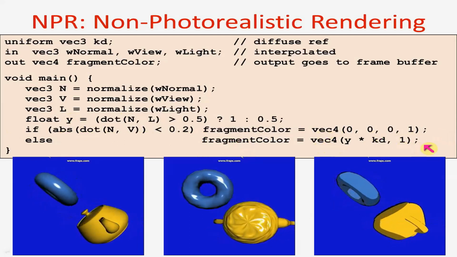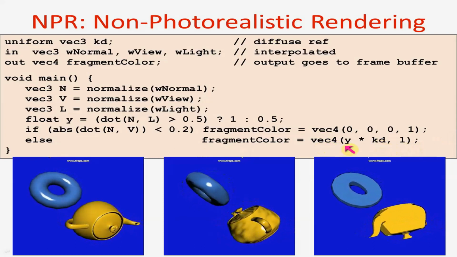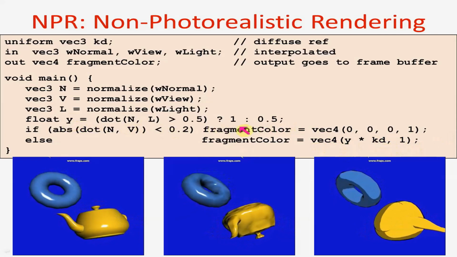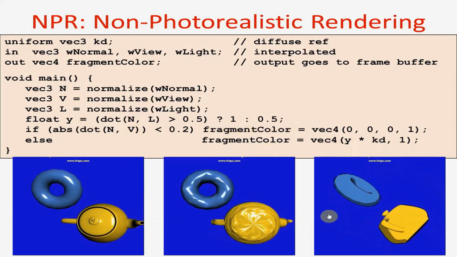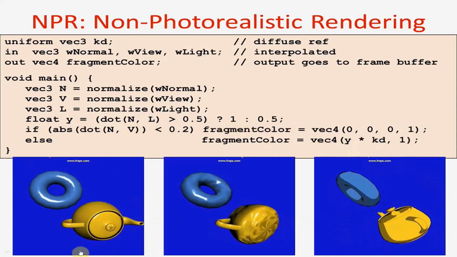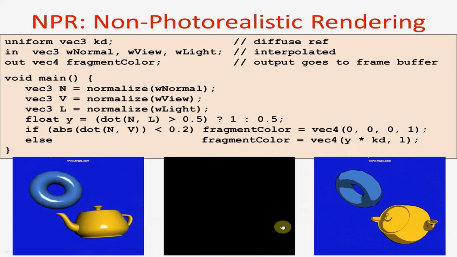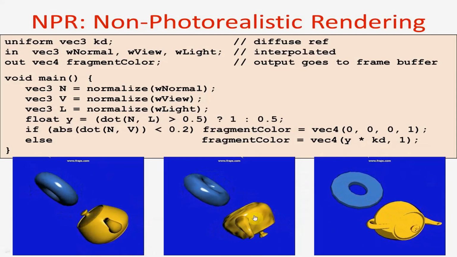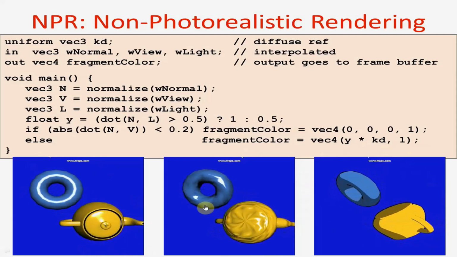Otherwise, we use the diffuse color, the own color of the surface, modulated by the quantized geometric factor. The result is shown here and compared with Phong shading and another special version of Phong shading where the surface normal is also modulated either procedurally or according to a texture.